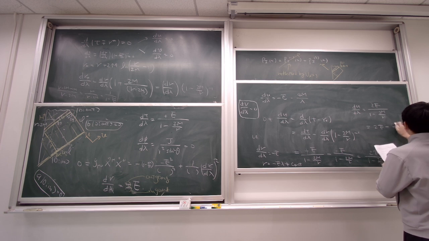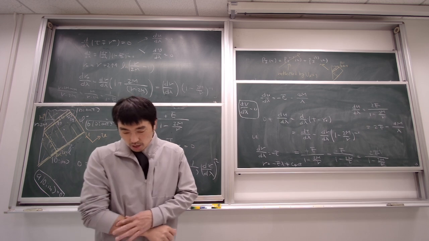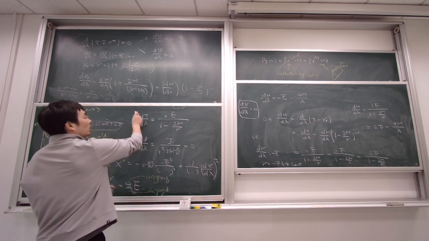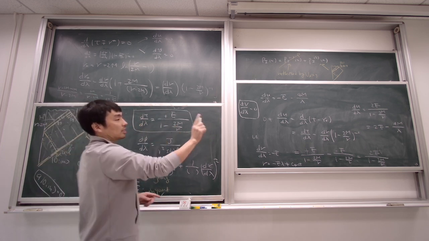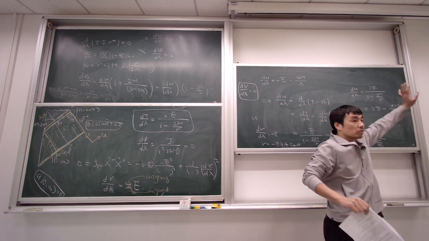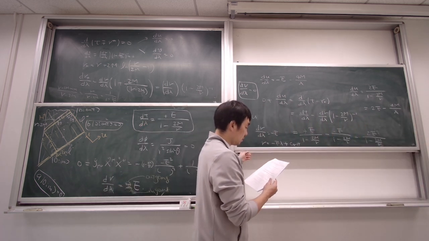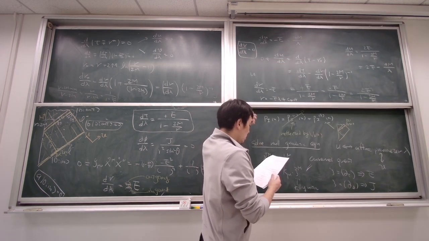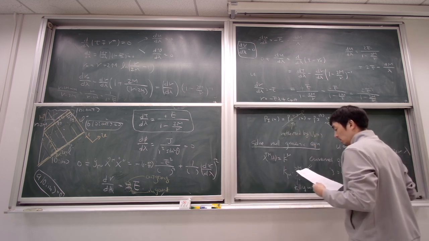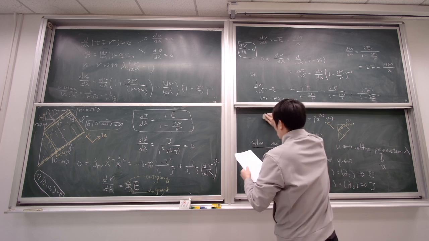Sorry, 4m over lambda. That's okay. Okay, so somehow the sign is strange. So sorry, I will check it later. So let's accept this one and then let's accept this one. Okay. So plug this one into here and do the Taylor expansion. Okay, and then you get this one.